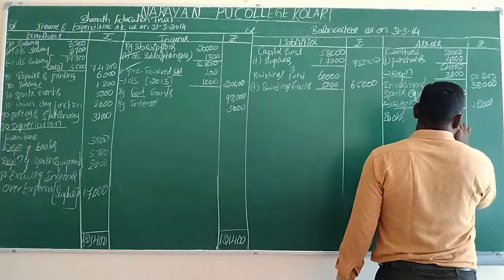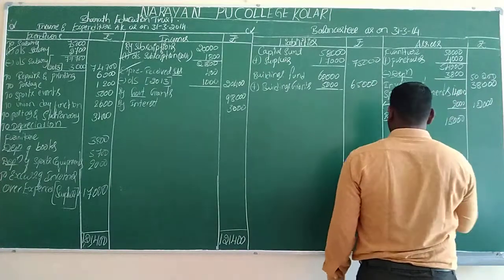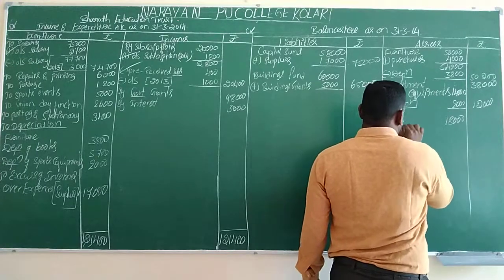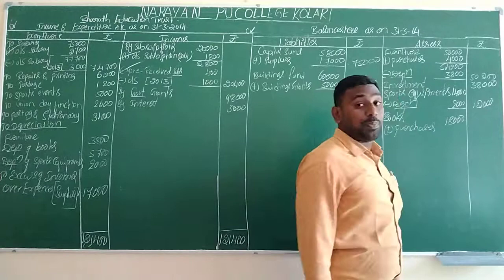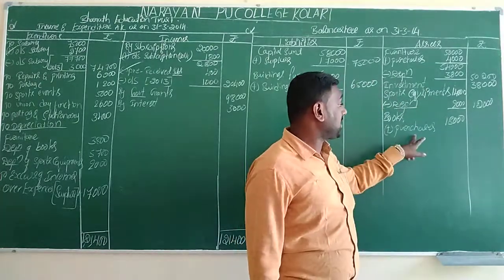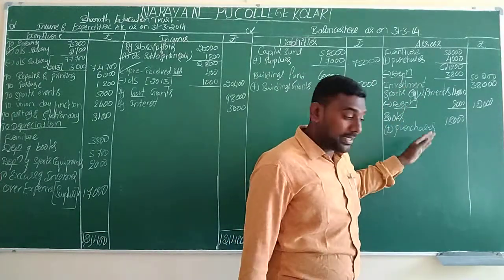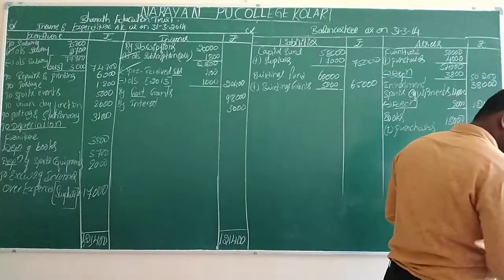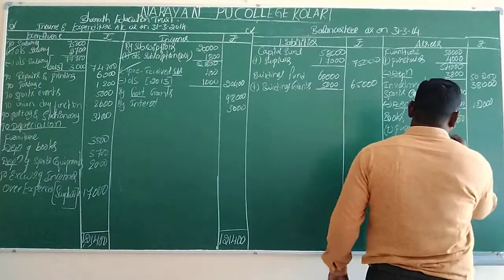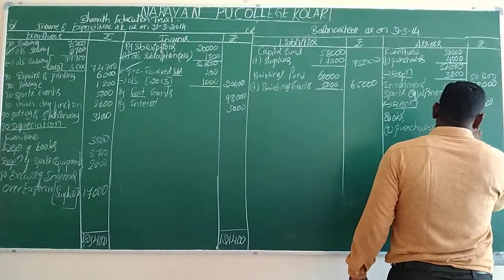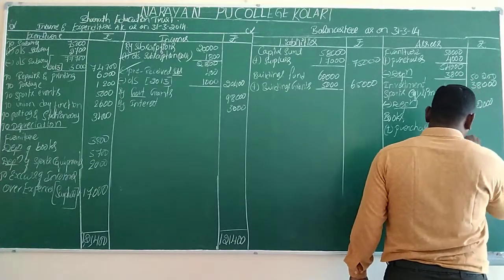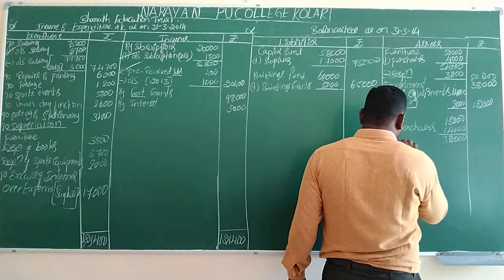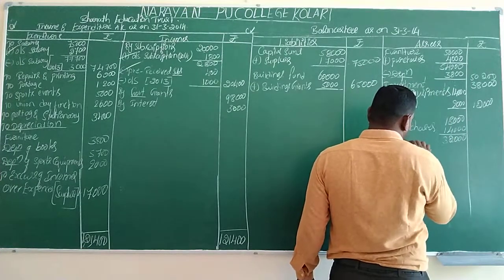After that, books. We should write 80,000 in the inner column. For this, add purchases. The books purchases value is available in the receipts and payments account, under payments, that is 14,000. So we will get 32,000 as the available books. Out of that, minus depreciation.